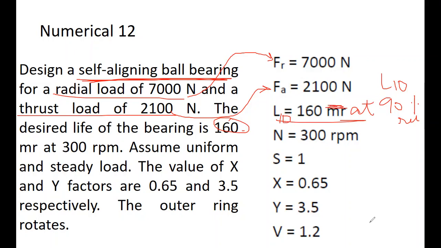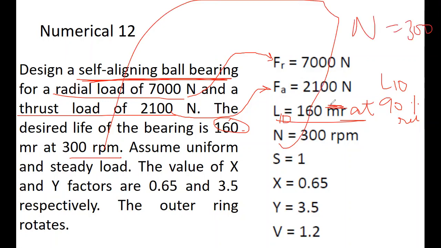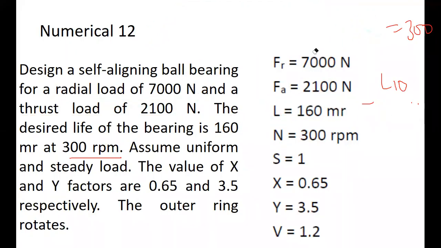MR stands for million revolutions. At 300 RPM, N is given. N is 300 RPM. So this numerical, L10 is given this time, so you will have to find out C, that is dynamic load carrying capacity or dynamic load rating.